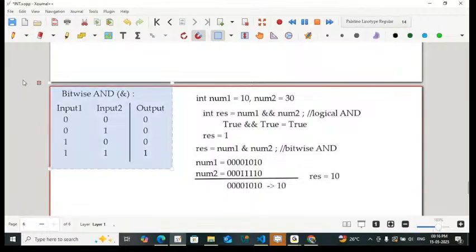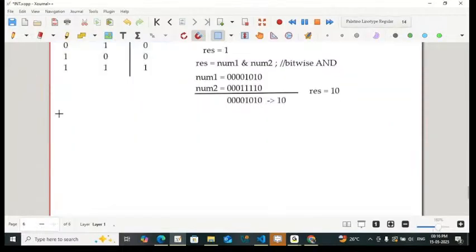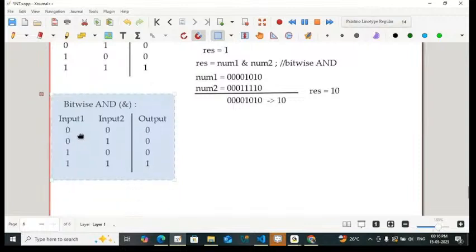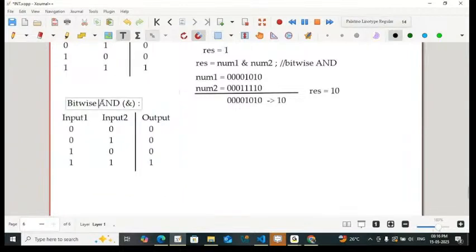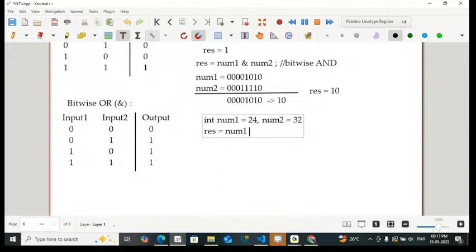Now I'll show you what is bitwise OR. Okay. So in case of bitwise OR, if integer num1 has the value 24, and your num2 has the value 32, tell me what is num1 OR with num2.